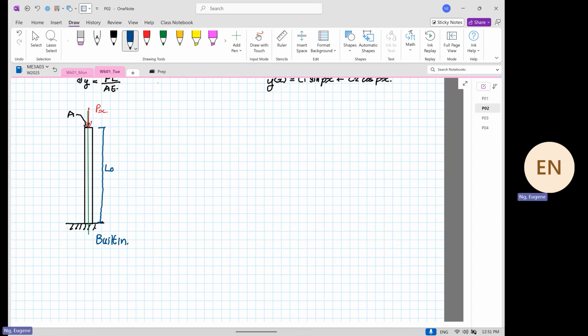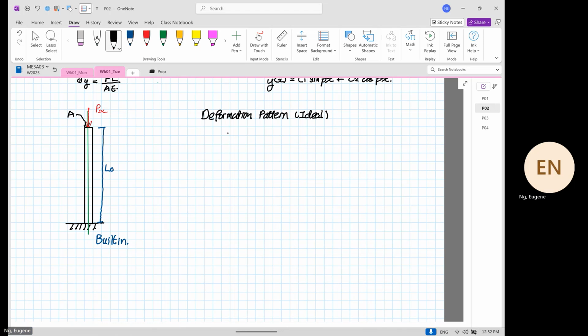So what will happen when it deflects? On the right-hand side, we are going to draw the deformation pattern. In an ideal case, it means we make it easy for us to analyze.